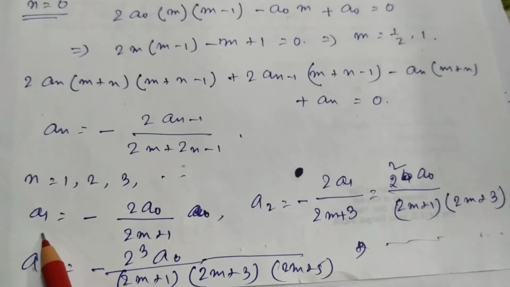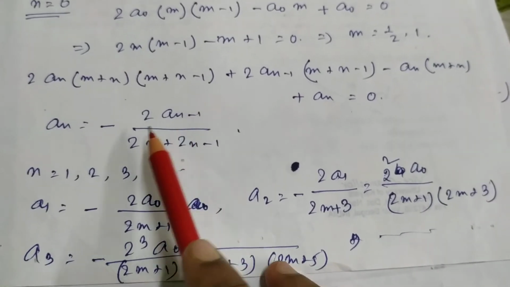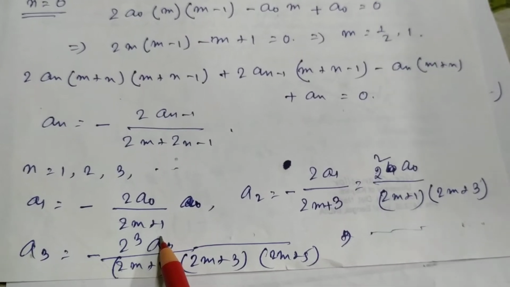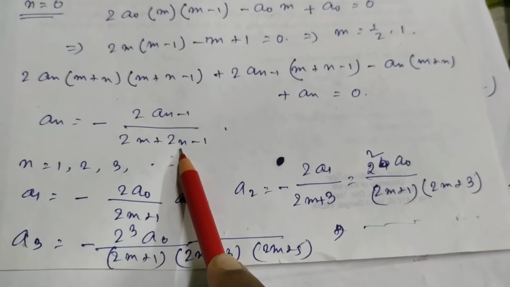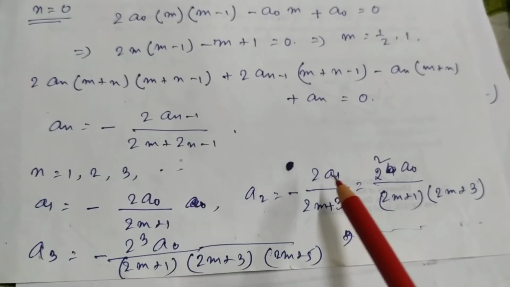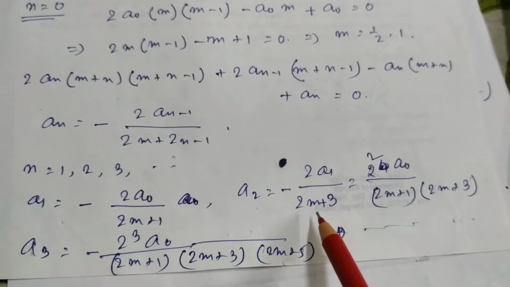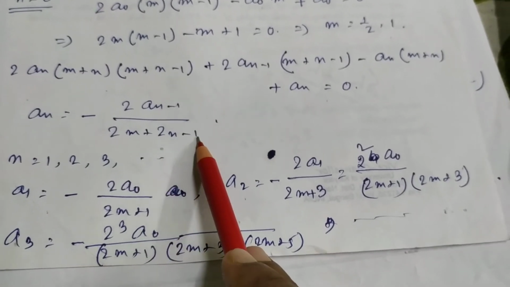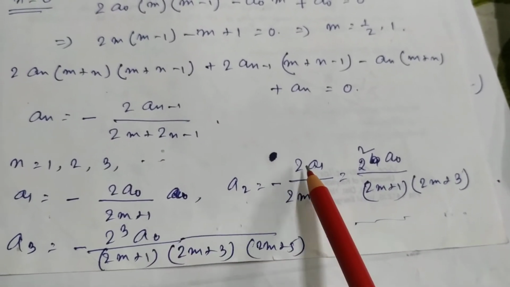Putting n equal to 1, we will get a1 equal to minus 2a naught by 2m plus 1. Again putting n equal to 2, a2 equal to minus 2a1 by 2m plus 3.